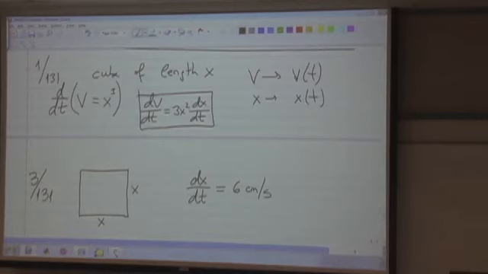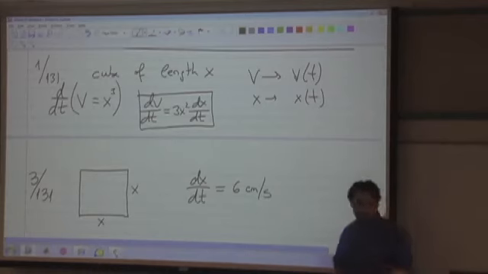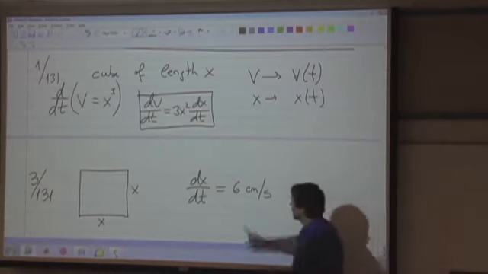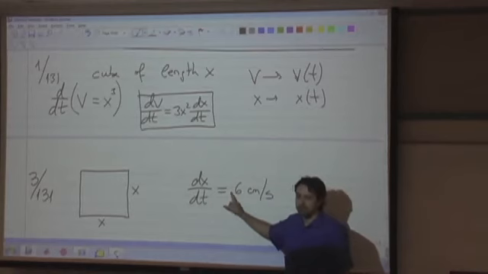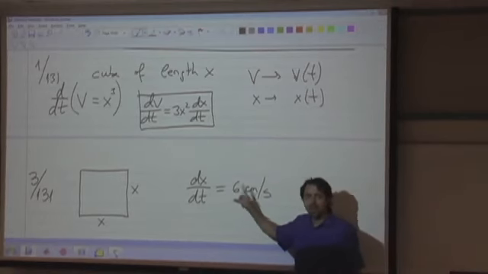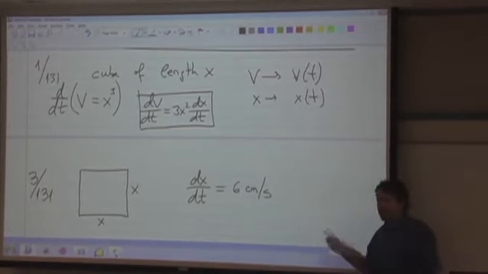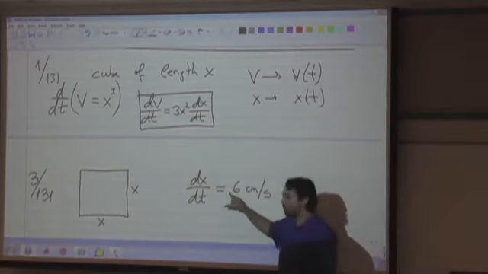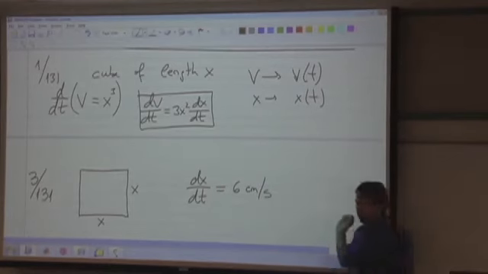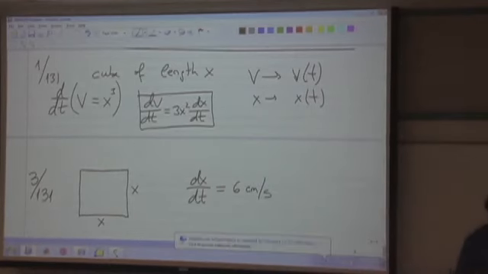There are two things here that you have to keep track of. The rate is increasing, which means, and we'll see this later on in different problems, this is positive. If it had said it's decreasing at a rate of 6 centimeters per second, then dx over dt would be minus 6 centimeters per second.